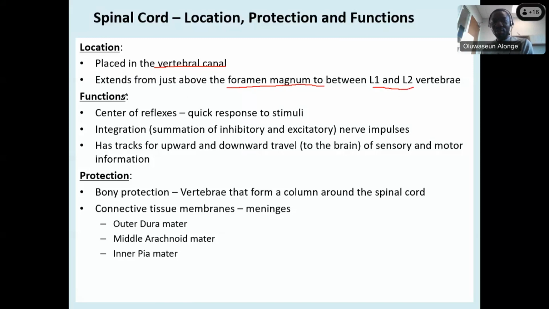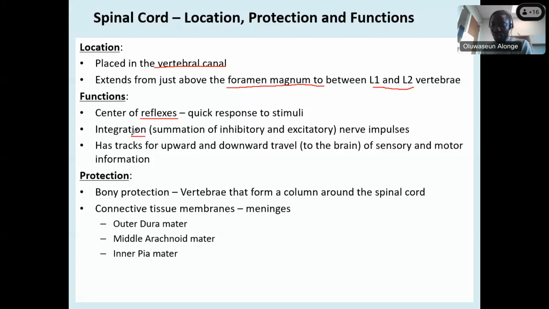Now, the major function of the spinal cord is that it helps to respond to stimulus. We call it the center of reflex. All right, and we'll be looking at what reflex is at the end of this chapter, and what a reflex arc is and the components of the arc. Then once the spinal cord receives the stimulus, it's going to be integrated.